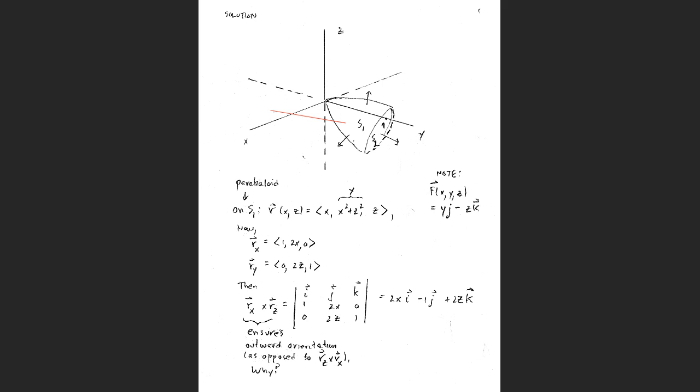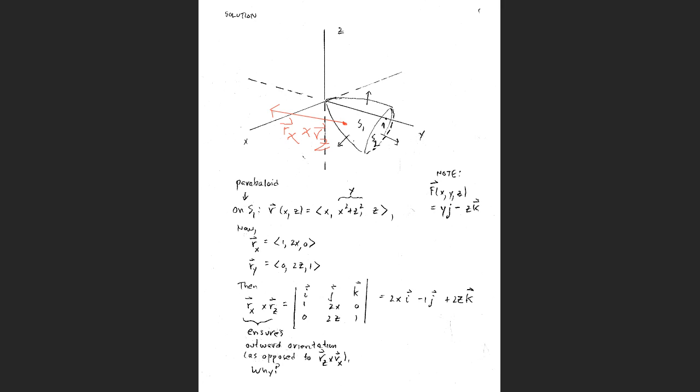Yeah, that's better. I haven't normalized it, right? But that would be Rx, for instance, cross Rz, that cross product vector, when the surface is above the xy plane and x is positive and y is positive.